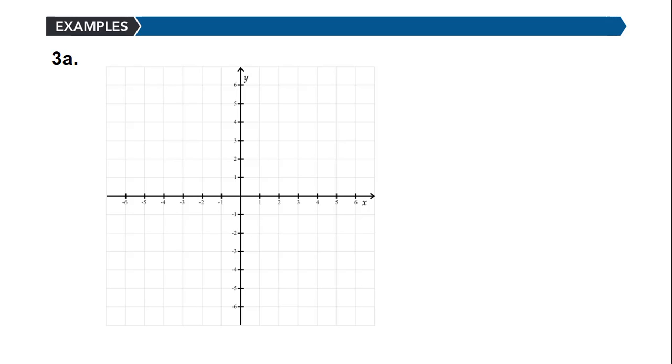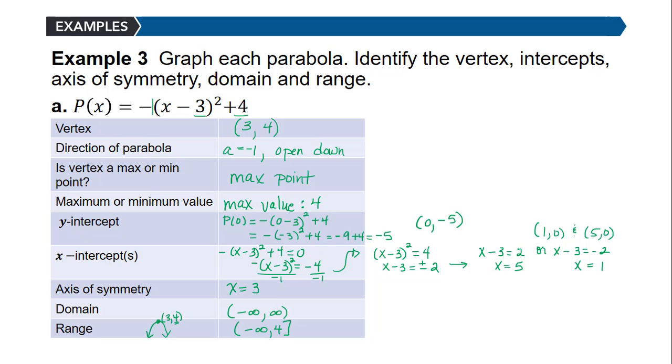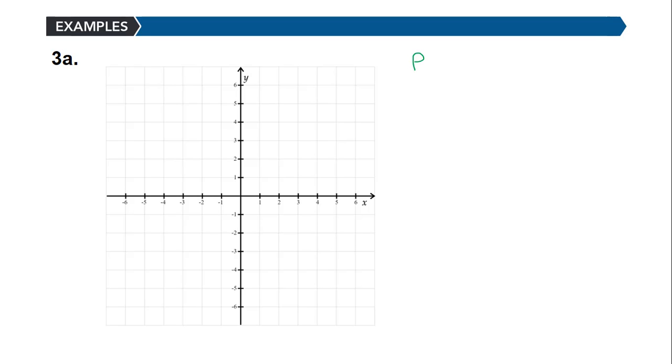And now we want to graph this function. And let me write it again. It's p of x is equal to the opposite of (x minus 3) quantity squared plus 4. And so what I just learned is that the vertex is at (3, 4). So I have a coordinate system on the screen.